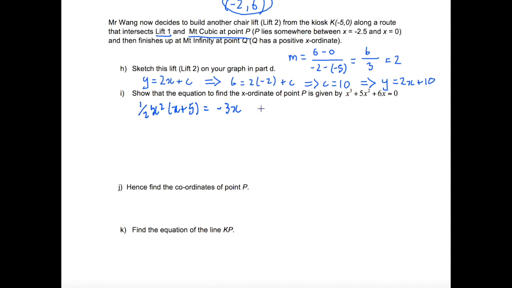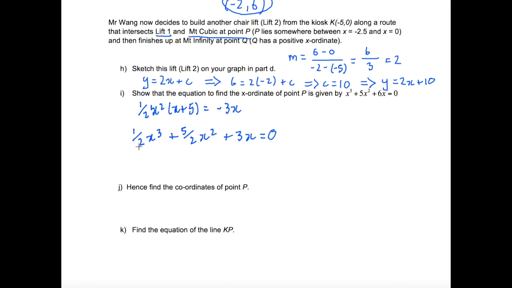Now we need to rearrange this so that it looks the way they want it. So let's go: a half x cubed, expanding everything on the left, plus 5 on 2 x squared, plus 3x equals 0. The tricky part is that we can scale everything up, and this is what they want you to recognize. Every coefficient can be scaled up without changing the graph.